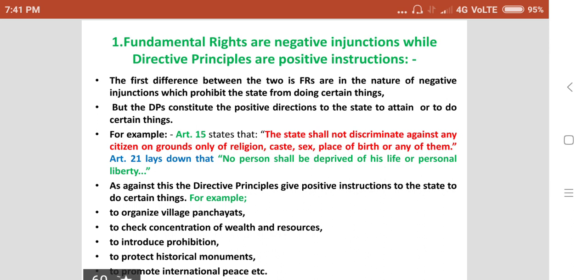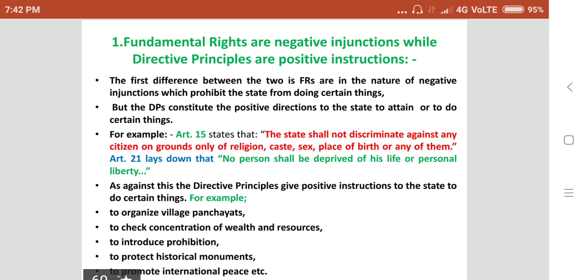The first difference between the two is fundamental rights are in the nature of negative injunctions, which prohibit the state from doing certain things. But the directive principles constitute positive directions to the state to attain or to do certain things.